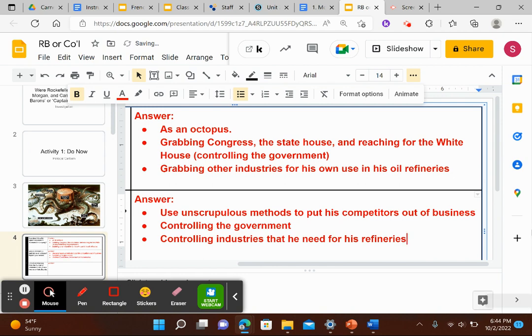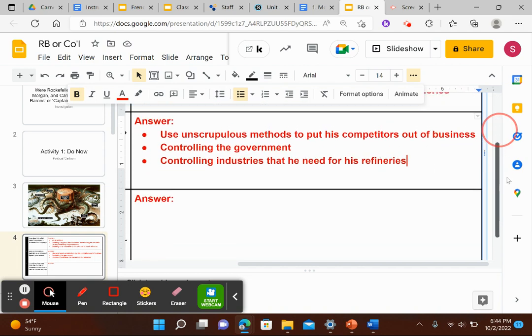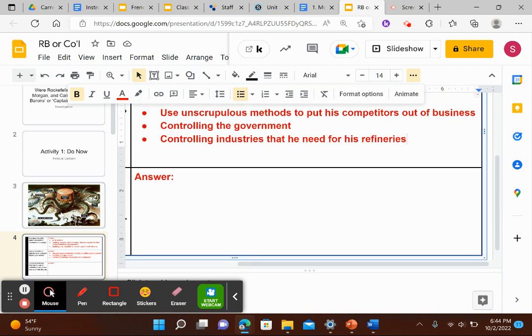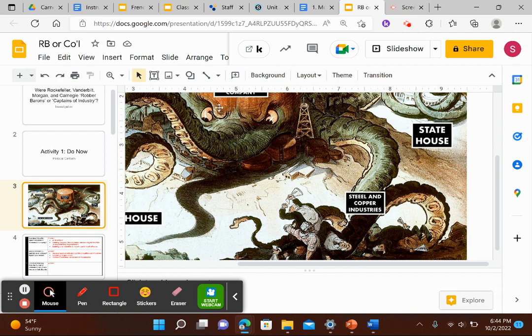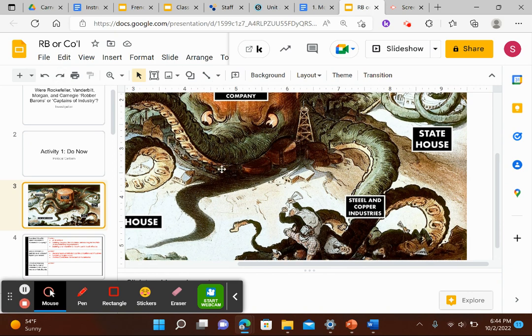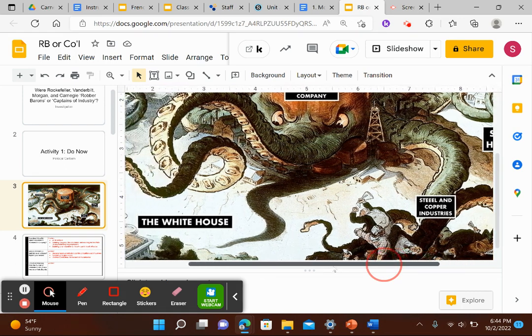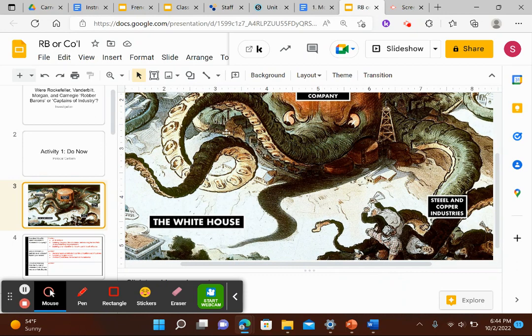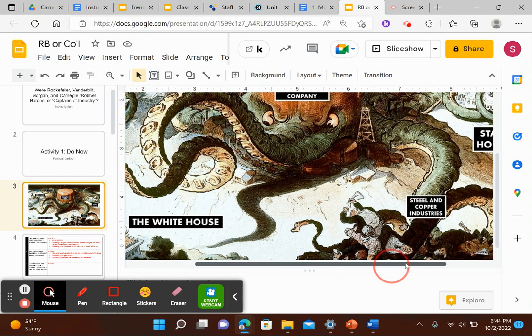All right. Now it says predict whether you think the founder of Standard Oil would be explained as a hero or a villain. So when we look at this picture here, does this look like a friendly person? Does this look like someone, and you can see he's got his oil refineries protected under there if we really hone in on this image.